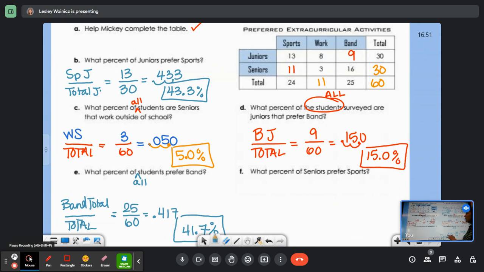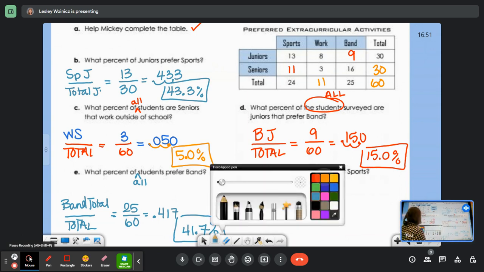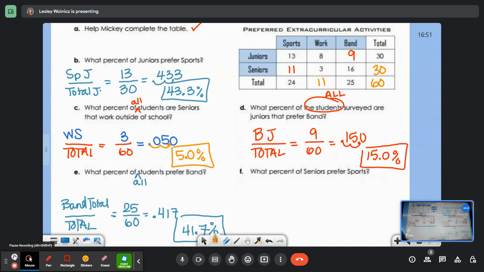Okay, what percent of seniors prefer sports? Now, we're not talking about all the kids. Now we only care about the seniors, okay? So this is the total seniors we're talking about. And we want the sports seniors.